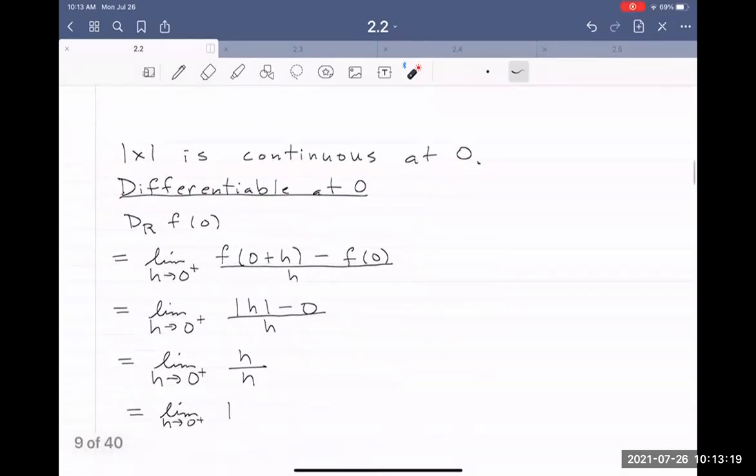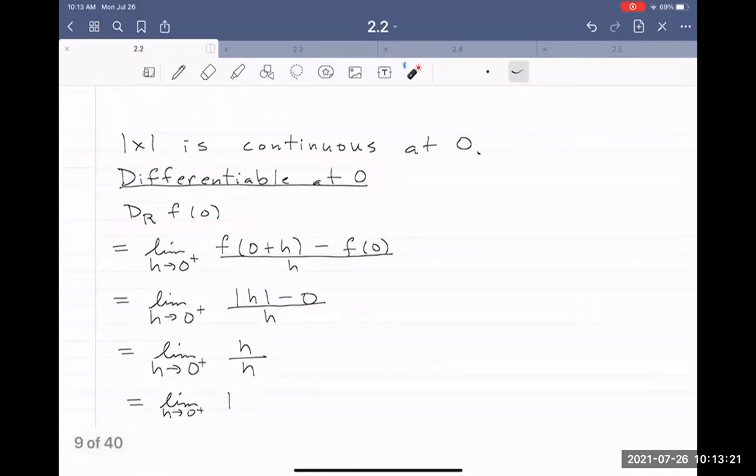Let's check if it's differentiable at 0. To find if it's differentiable at 0, let me look at the right and left sided derivatives. So let's look at the right sided derivative.